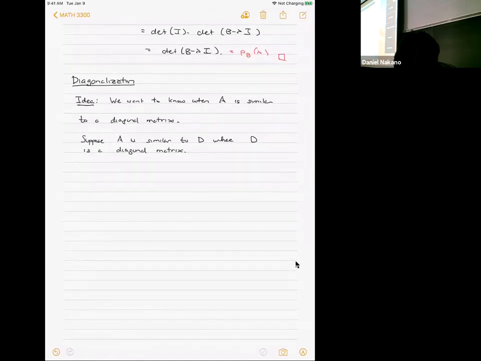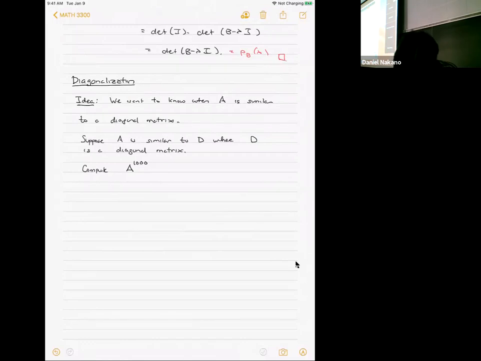And so suppose I want to compute a matrix to the 1000th power. It turns out that if you know that A is similar to D, and if you know what the P and the P inverse are, then you can do this rather easily.